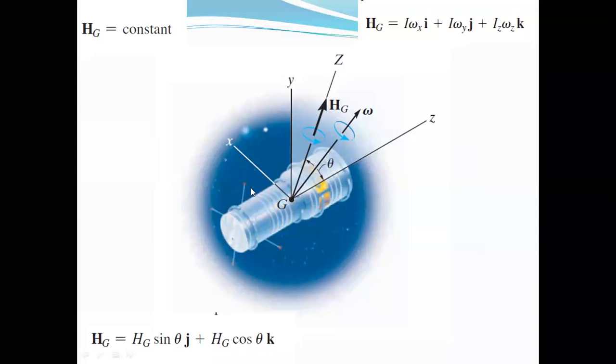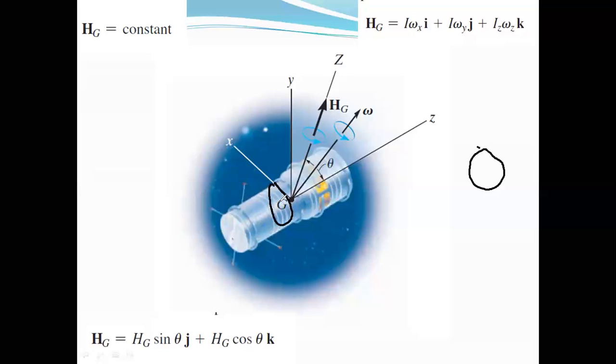We say this satellite is axisymmetric. If you take a cross section at point G, you will simply get a circular cross section. And if you draw an axis like this z axis here, this axis z divides the satellite into two symmetrical portions.